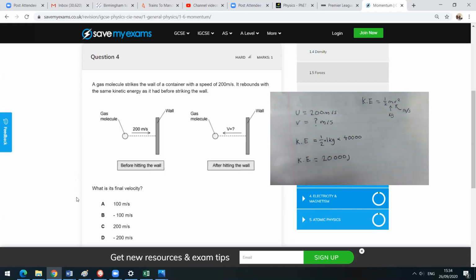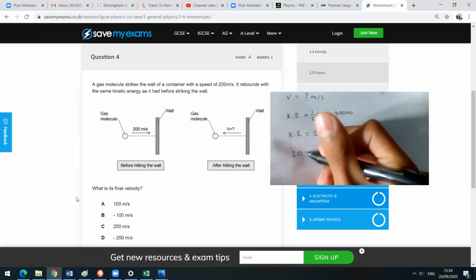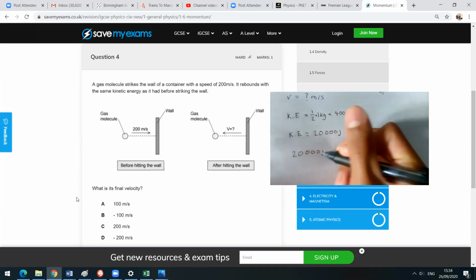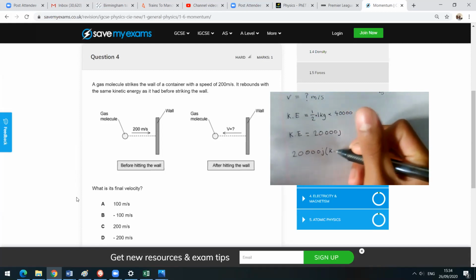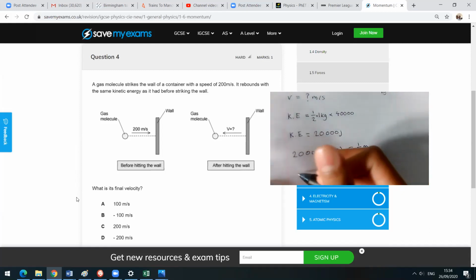Okay, good. You know the units. Well done. So that's the kinetic energy before it hits the wall, and that is the same value when it leaves.